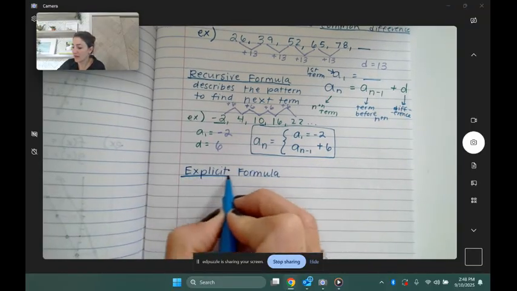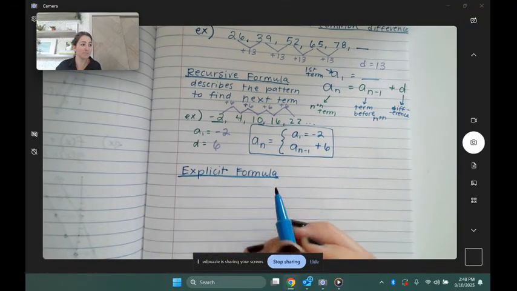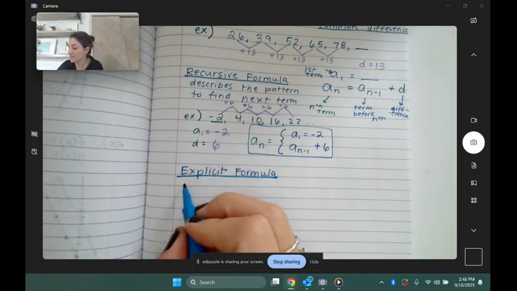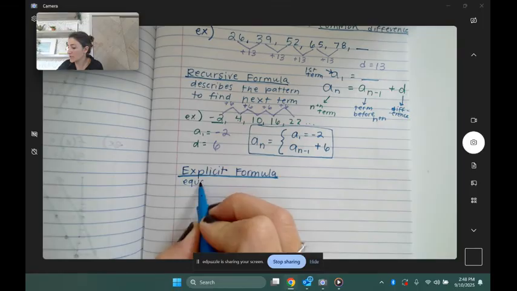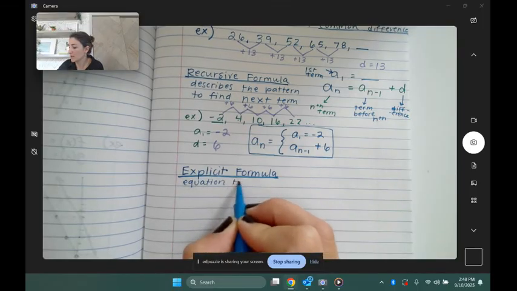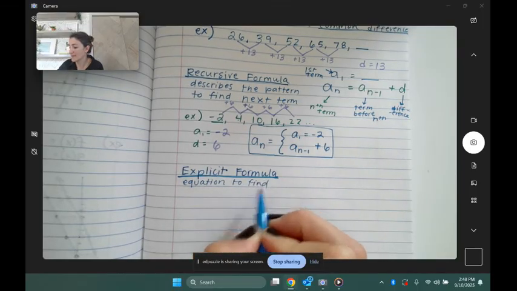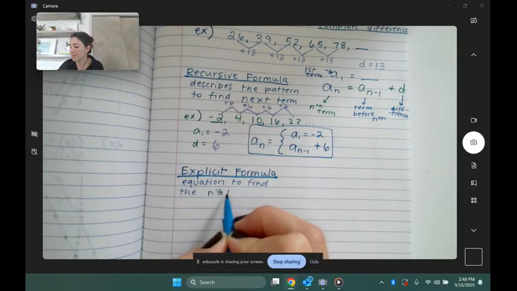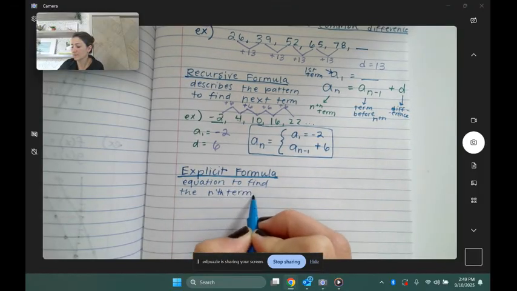And it's very, very similar, but the explicit formula is an equation that expresses the exact value of the term in a sequence. Equation to find the nth term. Okay.